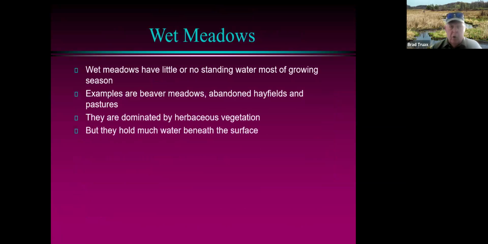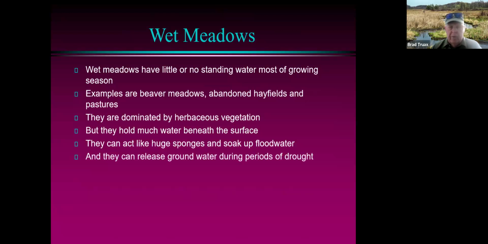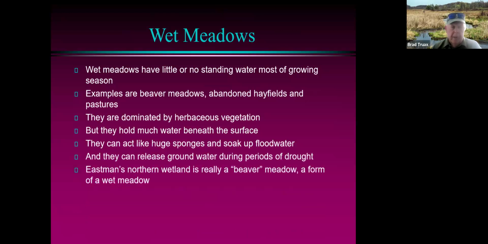But the key thing is that they hold very much water underneath the surface, and they can act like huge sponges that can soak up flood water. They then can release some of that groundwater during periods of drought. So they're very huge sponges. They are good for flood control, but they also are helpful during periods of drought.